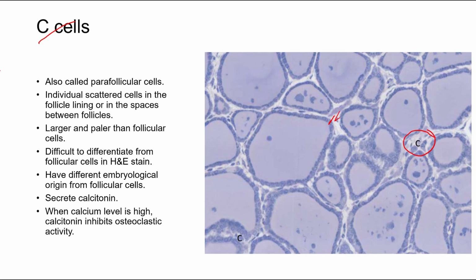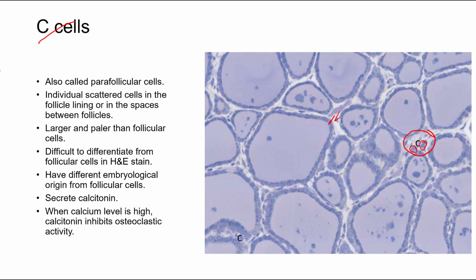They are larger and paler than the follicular cells, not easily differentiated when they are present in the follicle, but we can say that these are parafollicular cells if they are present in the connective tissue around. They have a different embryological origin than the follicular cells, and as I said, they secrete calcitonin.